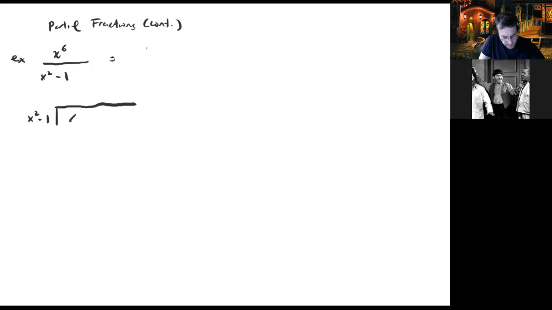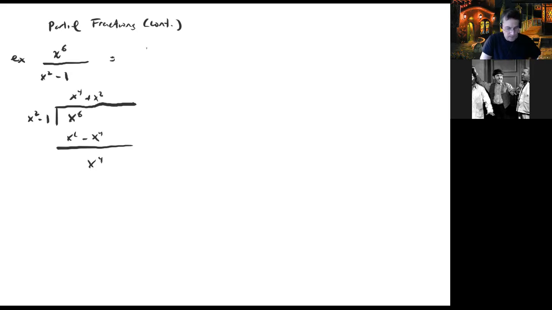So I'm going to divide x squared minus 1 into x to the sixth, and it gives me x to the fourth as the factor, and then we get x to the sixth minus x to the fourth. If we subtract, we get an x to the fourth. X squared minus 1 goes into x to the fourth, x squared times.